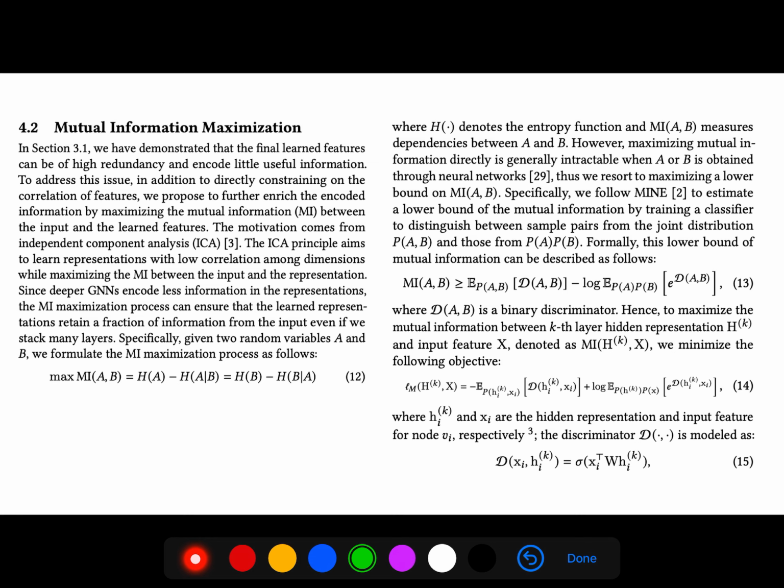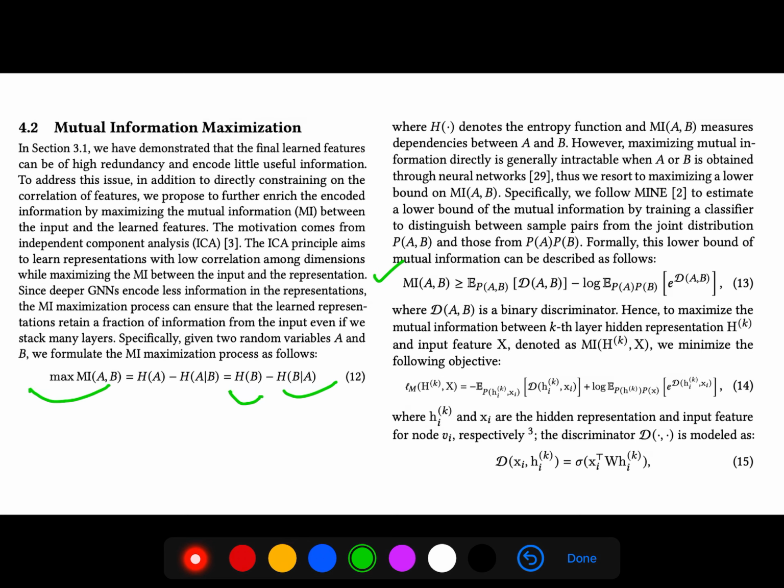And of course, mutual information: given two random variables A and B, we formulate mutual information like this, with the entropy and the conditional entropy. But it is hard, so we find a lower bound, just like any machine learning problem. Find a lower bound and we focus on that instead.